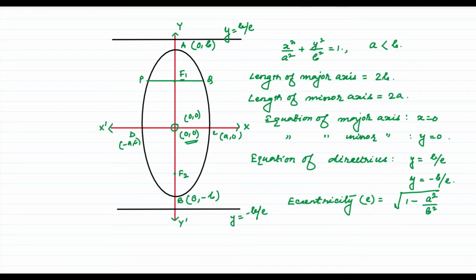Always remember the general form of the formula of eccentricity, that is root over 1 minus (length of minor axis divided by length of major axis) whole square.